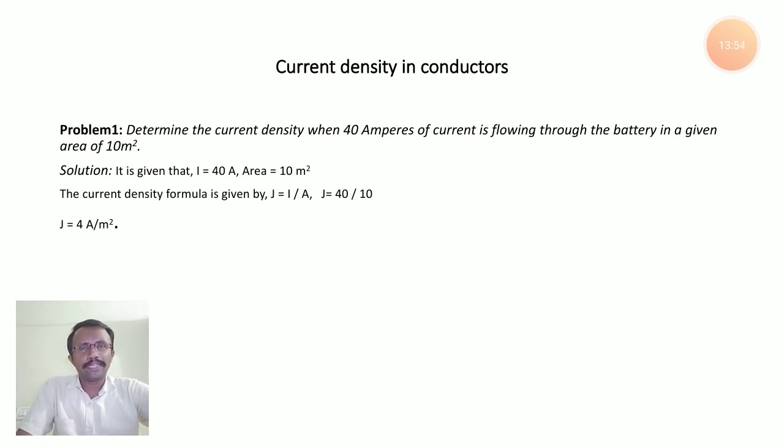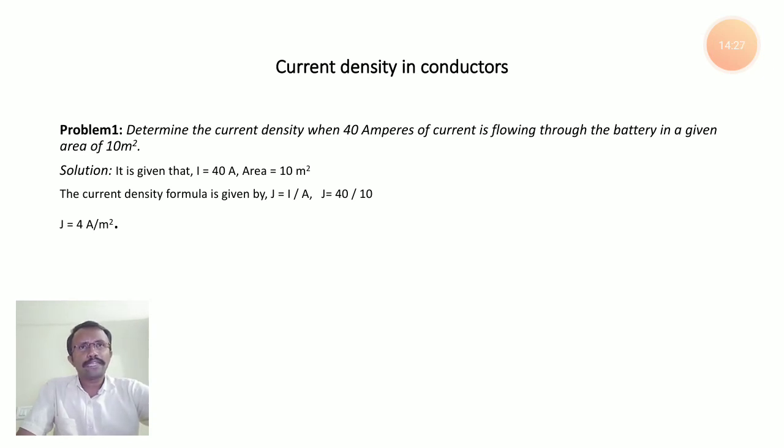We know J is equal to I by A. So when you put these two things in, J is equal to 40 by 10, that is J becomes 4 amperes per meter square. Why? Because the units for current density are amperes per meter square: I units are amperes, A units are meter square.